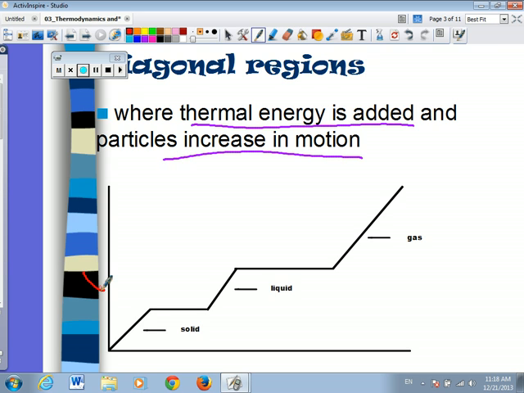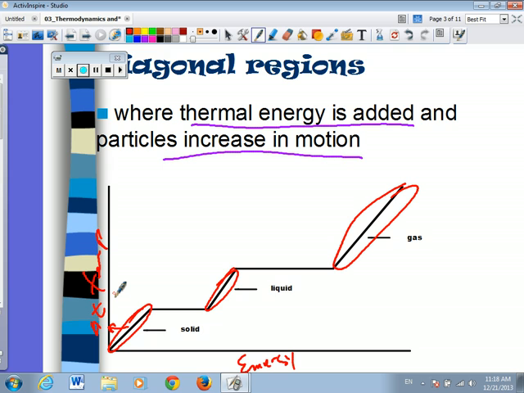Remember, this is still temperature over here, and this is still energy over here. So in these diagonal regions, you're increasing thermal energy and your temperature is going up. You have the slope of the line, which is going to be specific to that individual material.